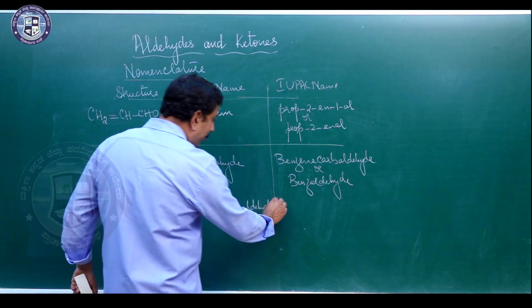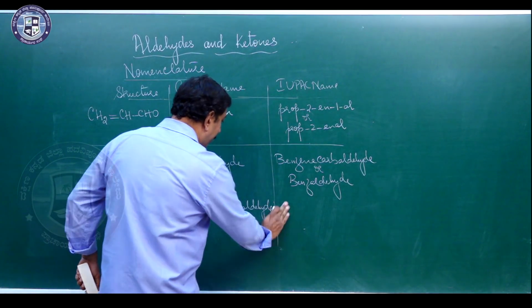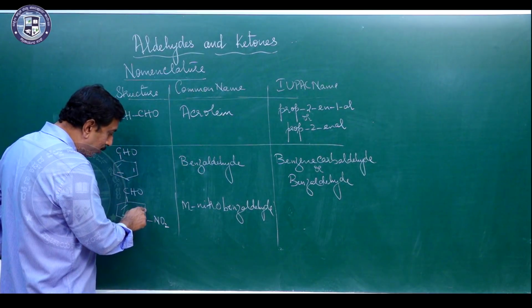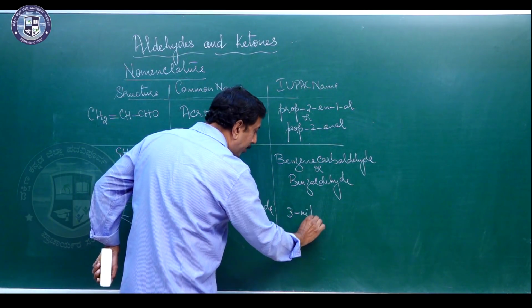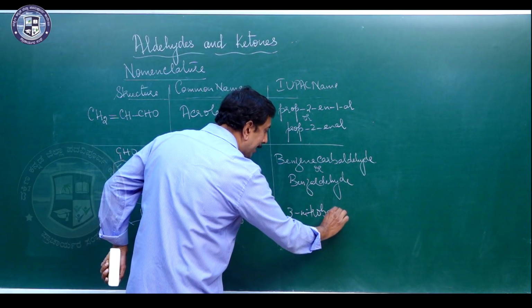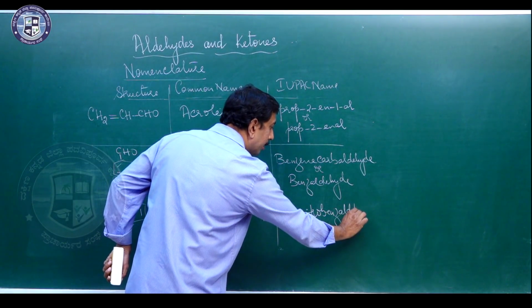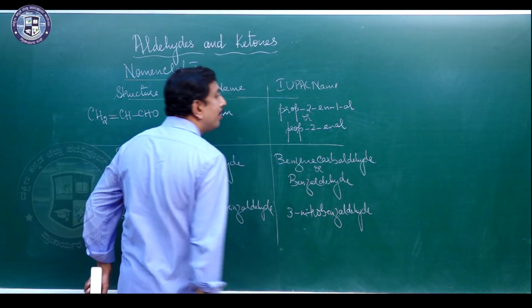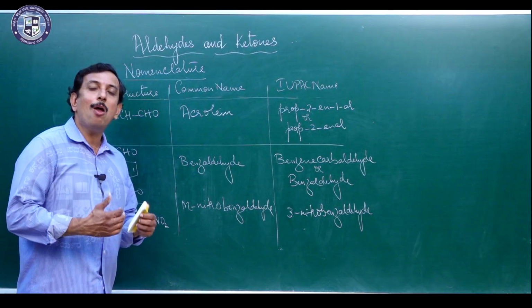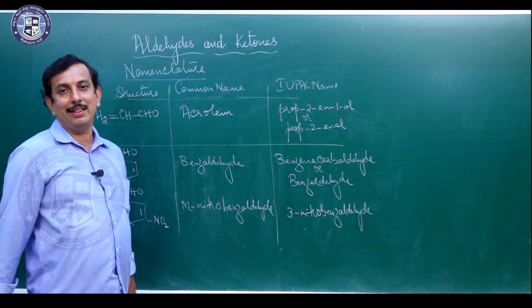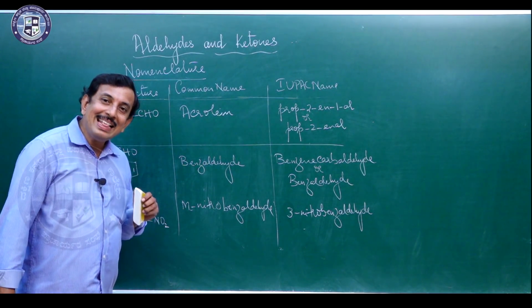The IUPAC name of this compound is, you can see here position number 1, 2, 3. So, it is 3-nitrobenzaldehyde. This is how I can explain the nomenclature of few of the aldehydes coming under our discussion.